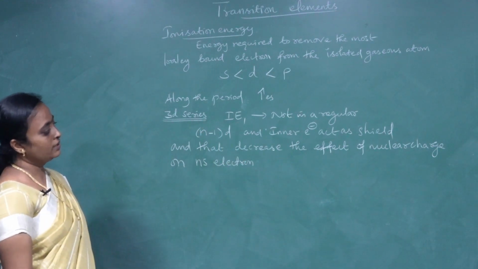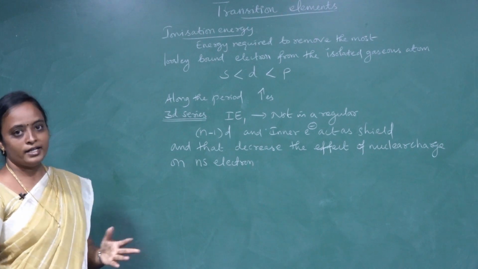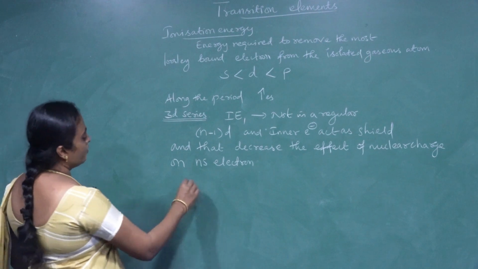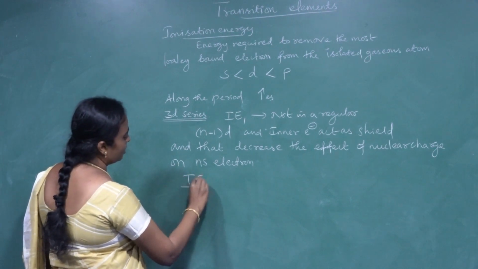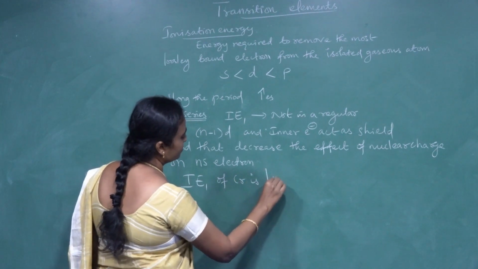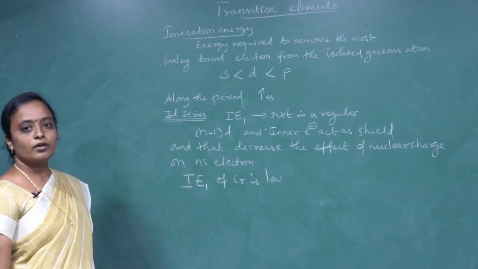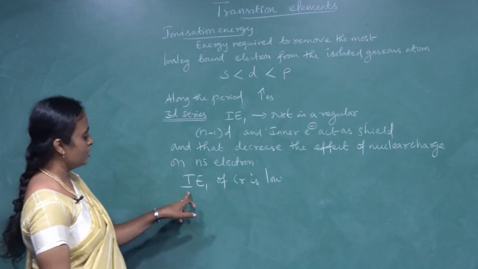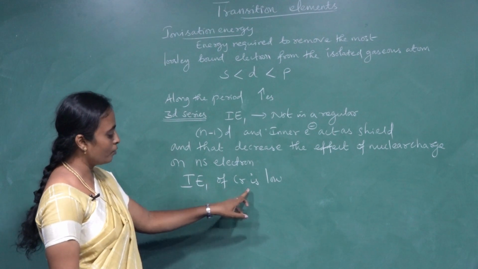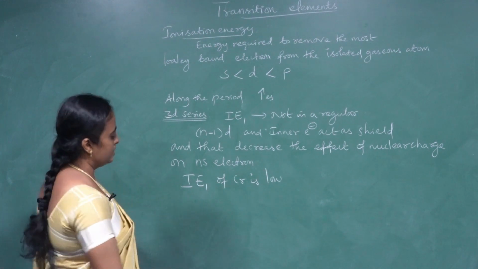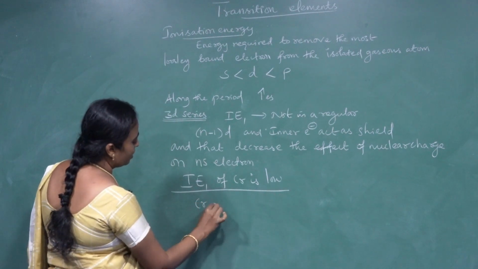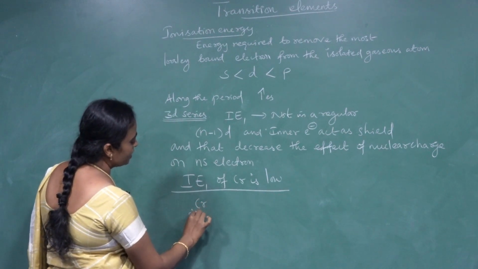Okay, so next we are going to compare the first ionization energy, and I will give you some examples. The first ionization enthalpy of chromium is low. Why? If you take chromium, we know that chromium is 24.